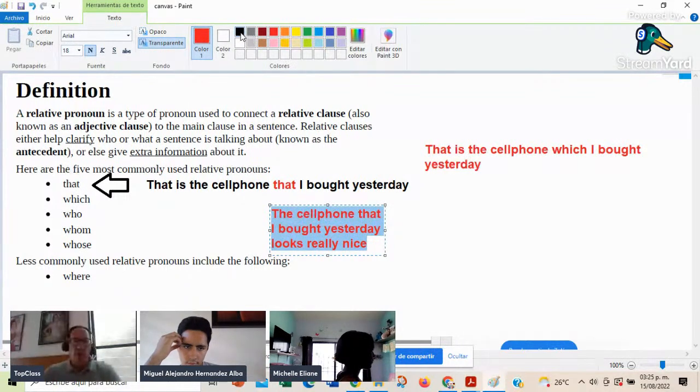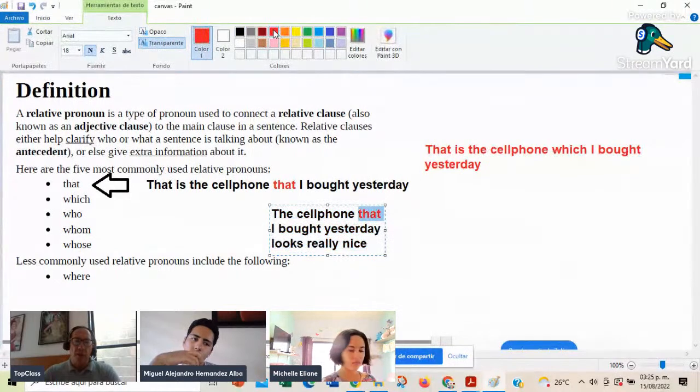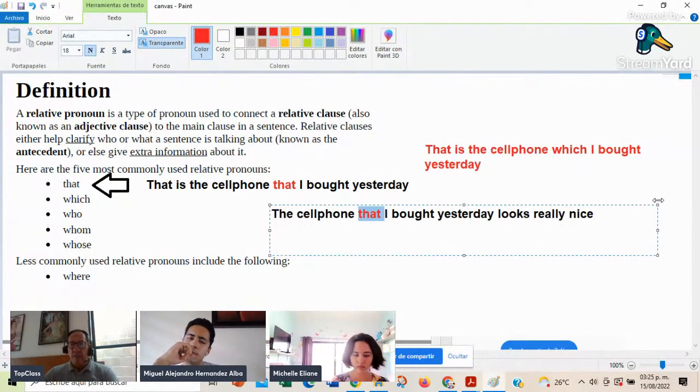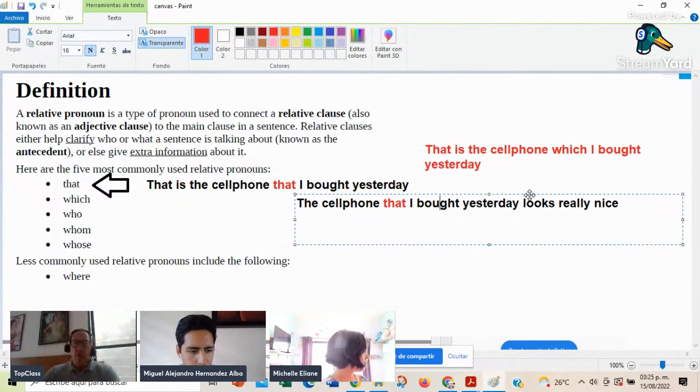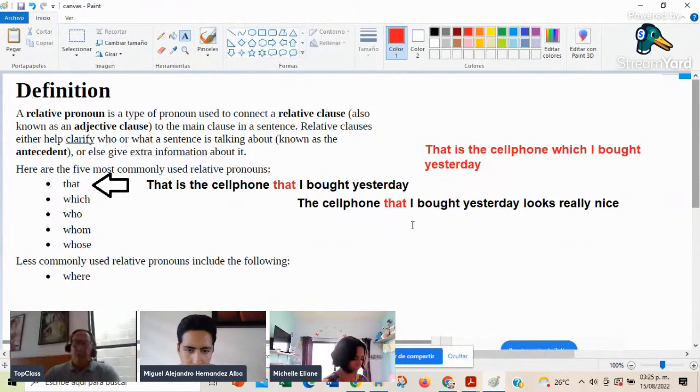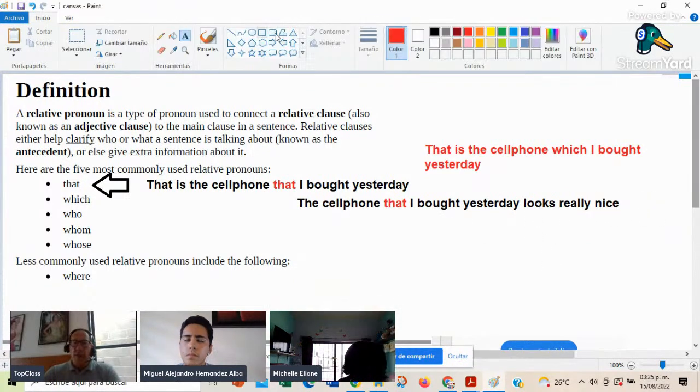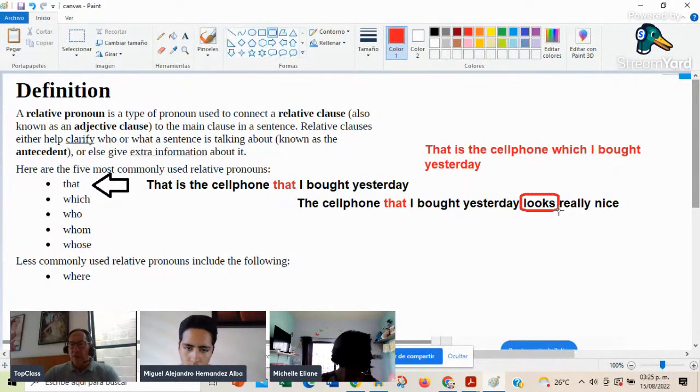So here you're using the cell phone. Which cell phone? The one that I bought yesterday. The cell phone looks really nice. So you can also reverse the order of the sentences, but in some cases, a verb like looks in this case, or is very nice, or appears very nice.